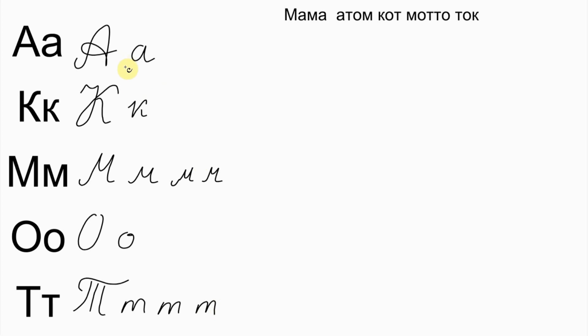You already probably recognize that Russian letters have got tails. So A here, K. These tails are meant to connect letters together. So if we would connect 2 A's, it would look like this. 3 A's.